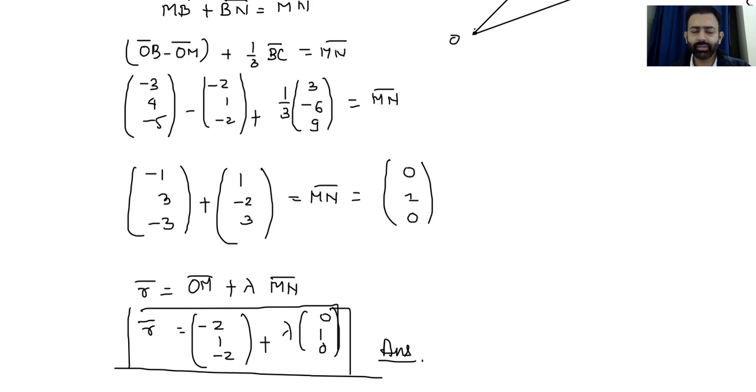And just simply write down what finally you have to find out, and then just calculate using the given information. If I have to find out MB, then using the position vector of B and M, I can find out MB. Similarly, I can find out BN using the triangular law of addition. Okay, so I think that's all for finding out the vector equation.